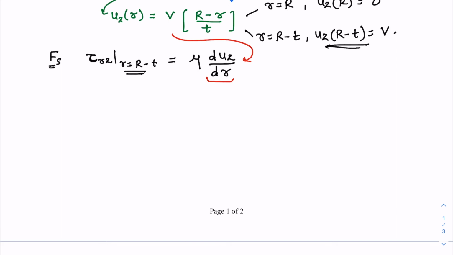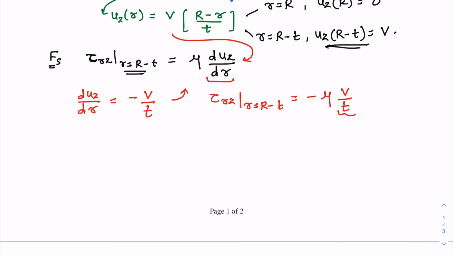And if you do that, duz by dr is nothing but minus V by T. And if you substitute it here, you'll get tau rz at r equal to R minus t to be equal to minus viscosity times V by T, where V by T is this gradient of the z velocity of the oil film in the r direction.